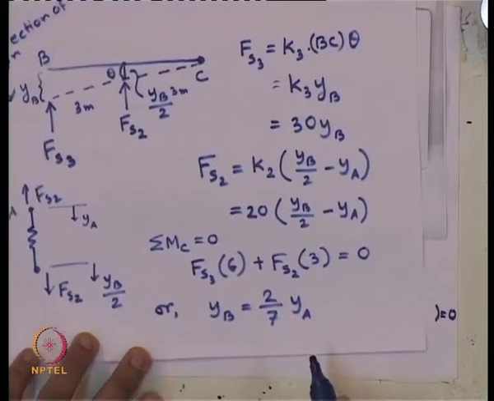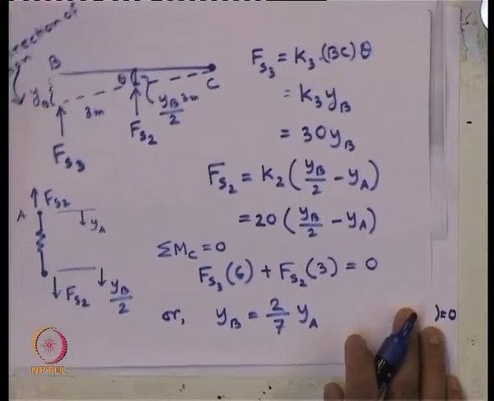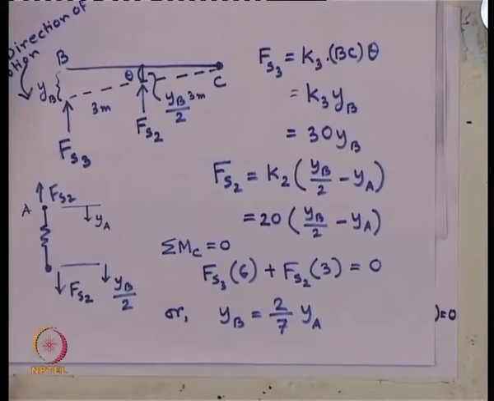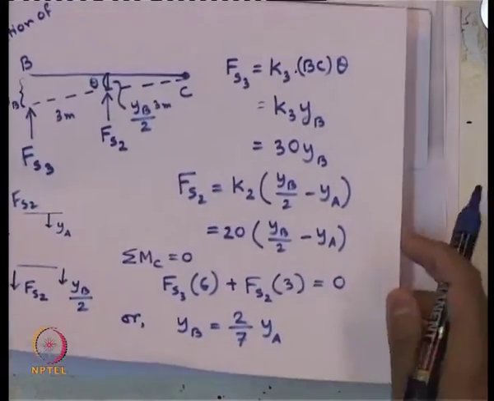So, after getting this relation, let us now go back to that point mass A and try to draw the free body diagram of point mass A. For point mass A, the free body diagram should now have a spring force F s 2 in this direction.